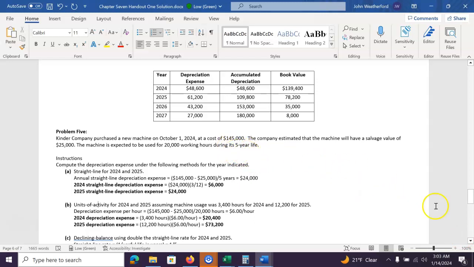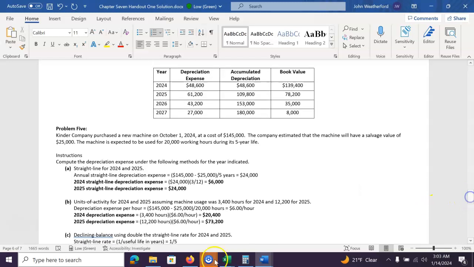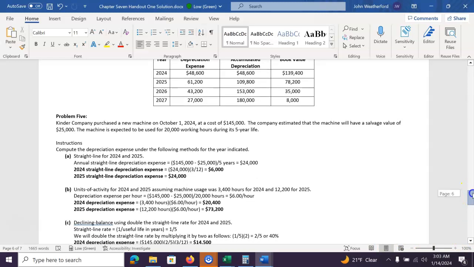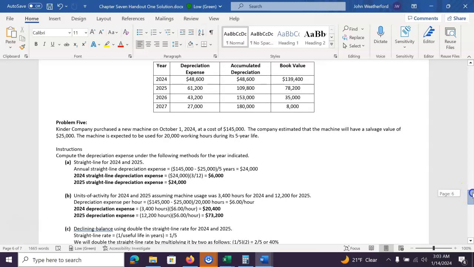So here we have a useful life of 5 years, so our straight line rate would be 1 over 5, so we get 1/5. Now, whatever that rate is, we're always going to double it. So that's going to give us 2/5 here, or 40%.